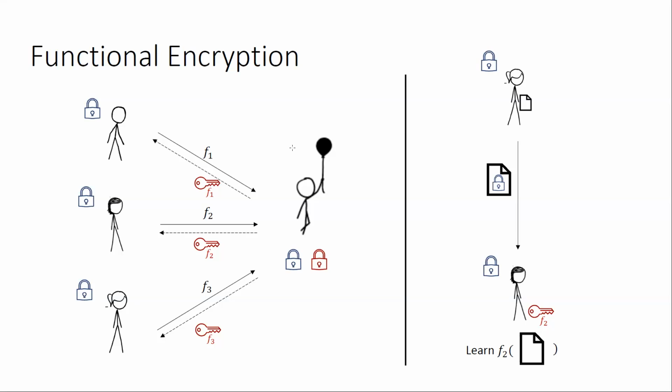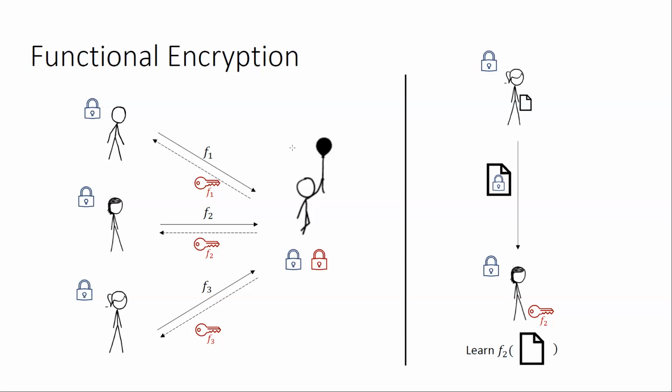functional encryption. In functional encryption, let's say that a player, let's call them Christy, wants to encrypt a file, and now whoever owns the decryption key related to some function can learn the function applied to the plaintext and nothing else.